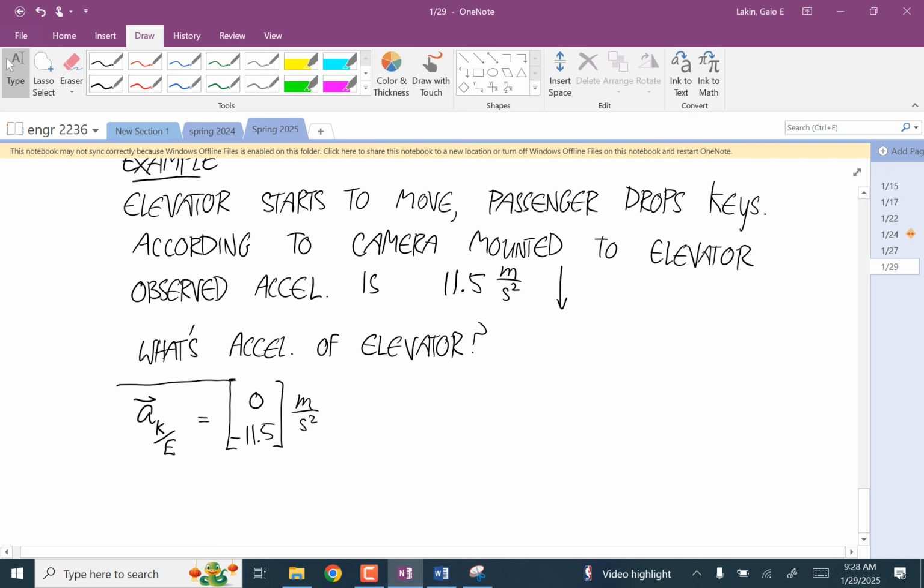And we know that for something in free fall, according to the ground coordinate system, the acceleration of the keys relative to the ground is 0, negative 9.81.